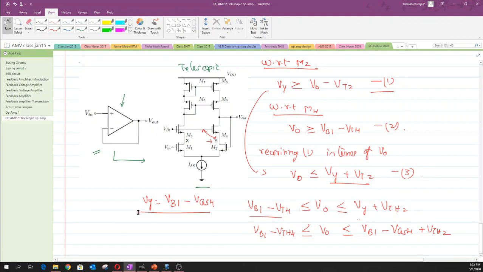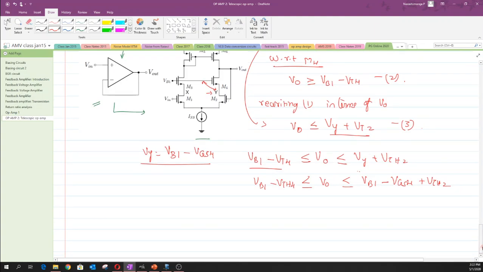Now let us try to graph this expression such that one could see that this output swing is very limited. In both these expressions we have a common term Vb1, and let us fix this common term Vb1 as some sort of potential, say for example 5 volt or 2 volt or whatever it is.